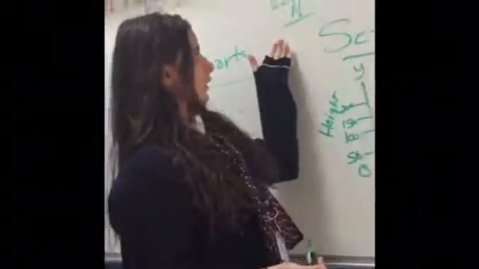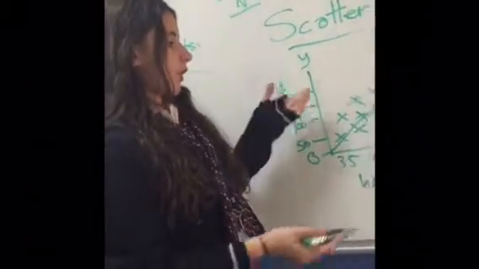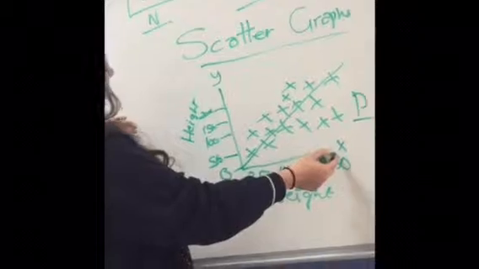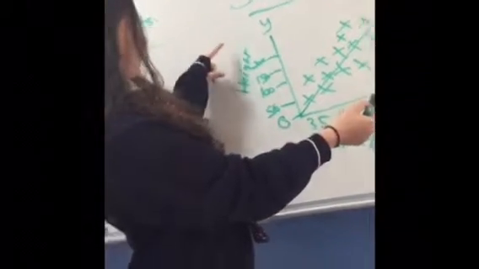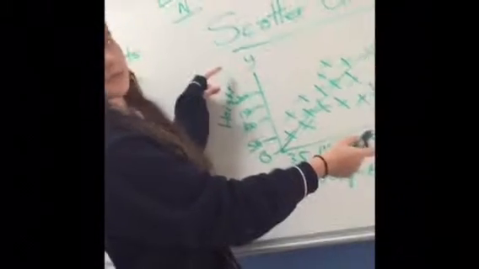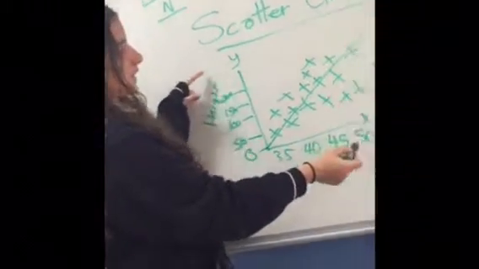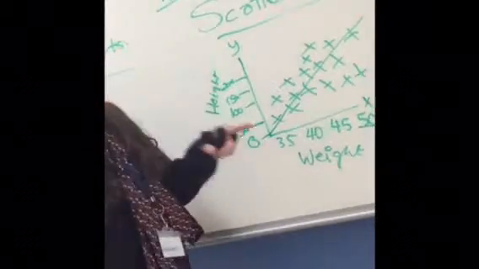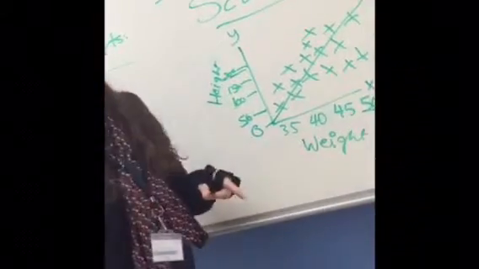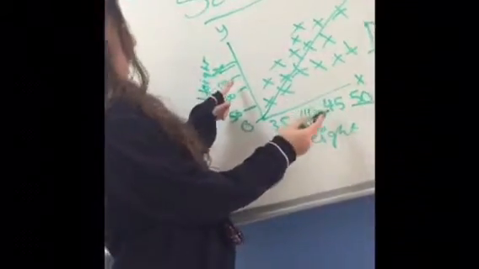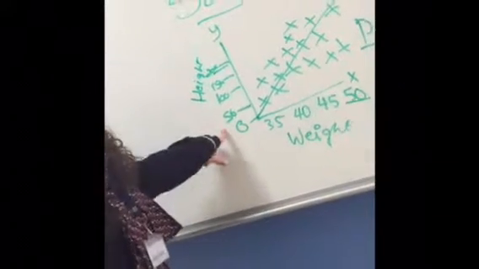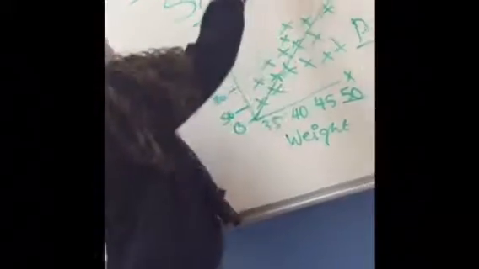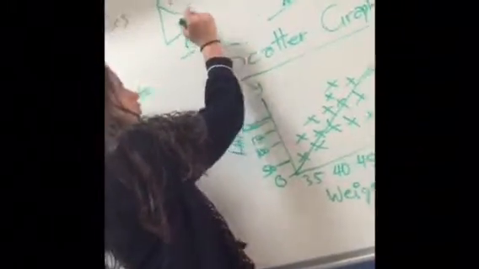For a negative correlation, if you're 50 kilos and 200 centimeters, and you're going down to 45 and 150, 40 and 100, 35 and 50, that would be negative because you're going that way instead of this way.